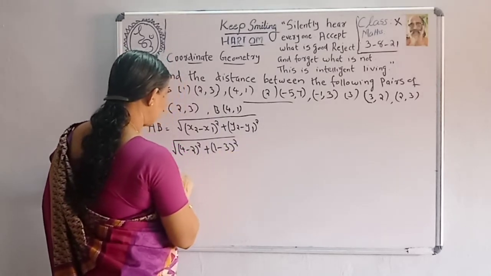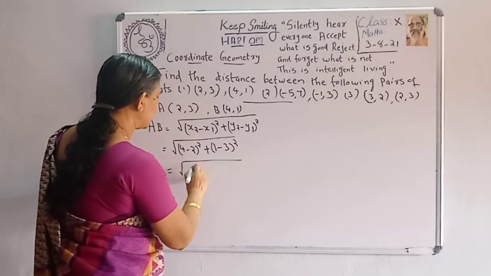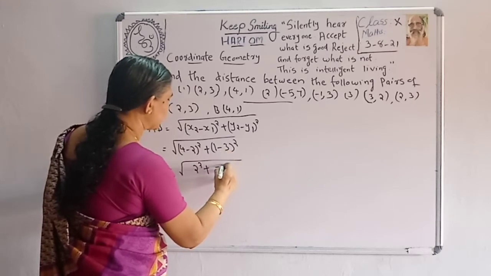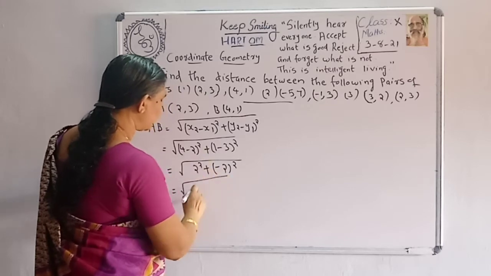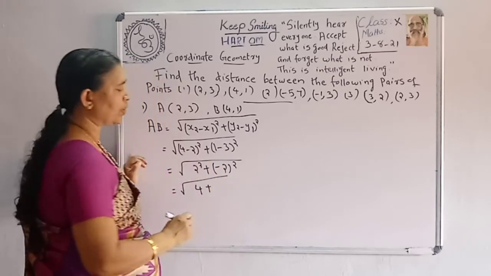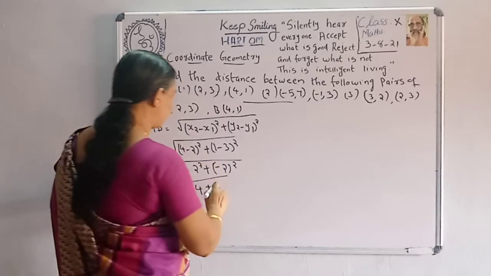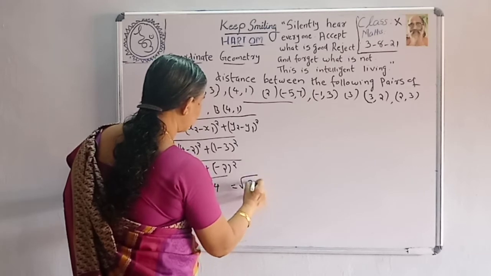That is equal to square root of 2 square plus minus 2 the whole square. 2 square is 4, minus 2 the whole square is plus 4. Then square root of 4 plus 4 is equal to square root of 8.